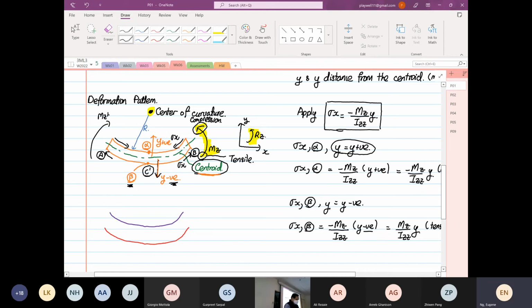So I'm going to write that out. Okay, the head of moment vector is in compression.